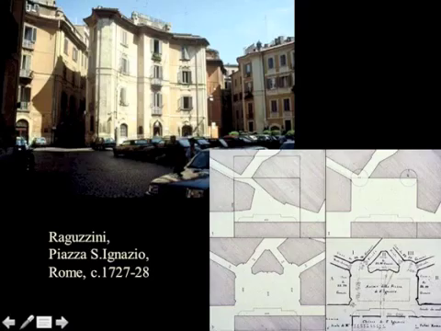This series of drawings shows you what Raguzzini had to work with. So his intervention here is very similar to Pietro da Cortona's intervention at Santa Maria della Pace. That is to say, how can he somehow claim the space of the city as a stage from which the facade of the building can be viewed, but that can also somehow project the idea of the church into the city.